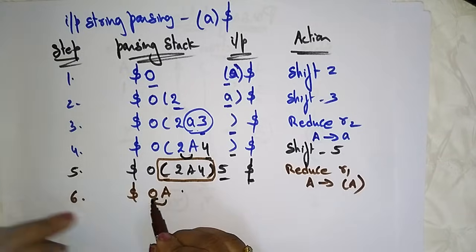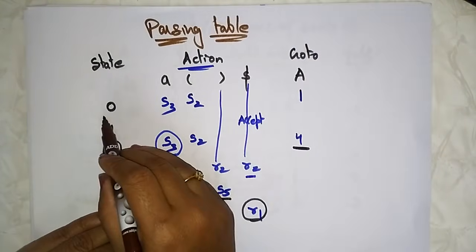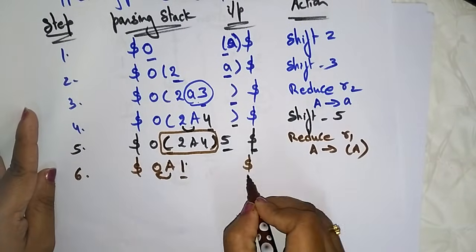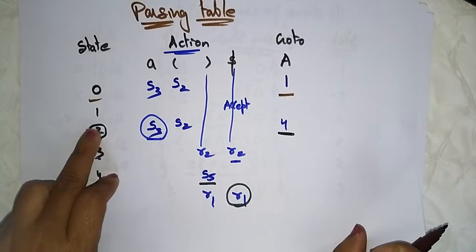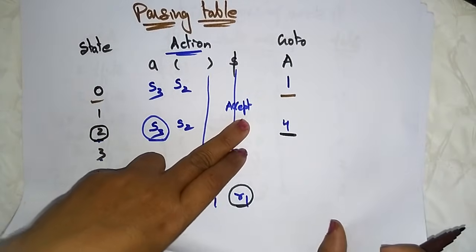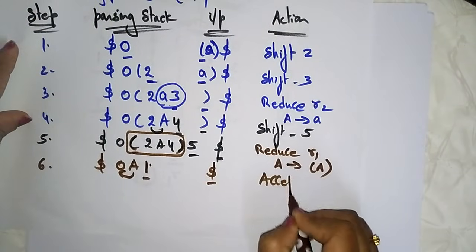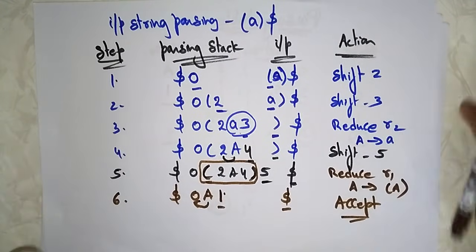So just check state of A on 0. What is the state of A on 0? It's a 1. So dollar 0 A 1. Now check 1 and dollar. So what is 1 and dollar? Accept. State 1 under the dollar, it is accept. So write accept. So this is how you have to parse the input string of SLR.